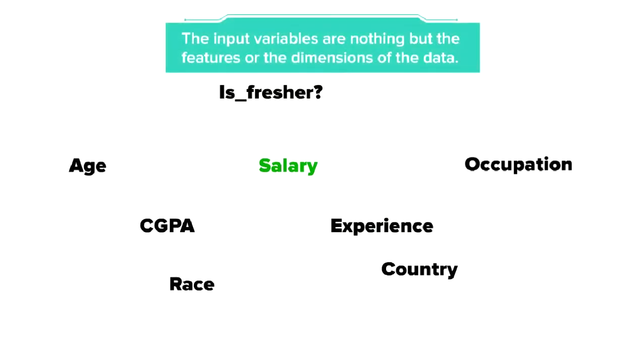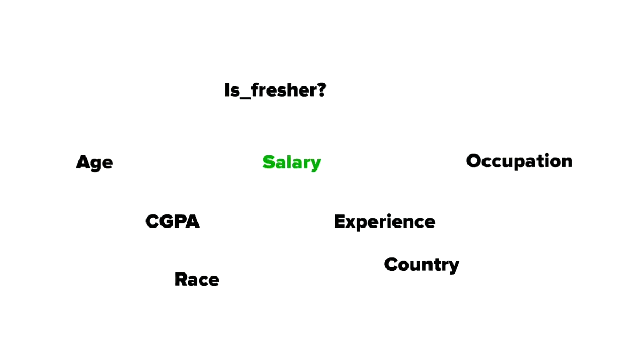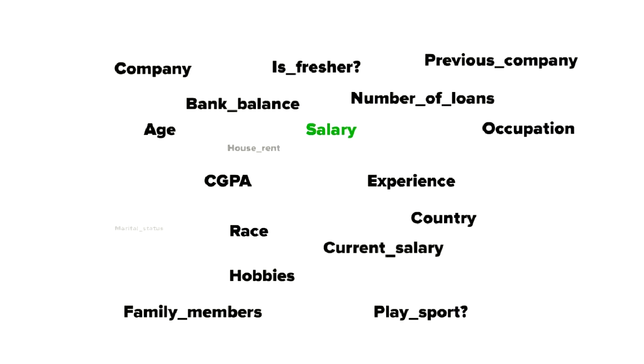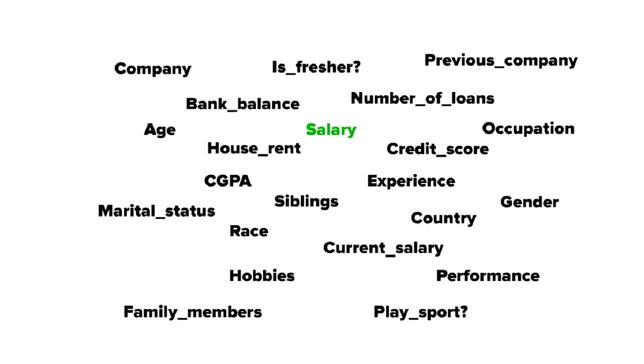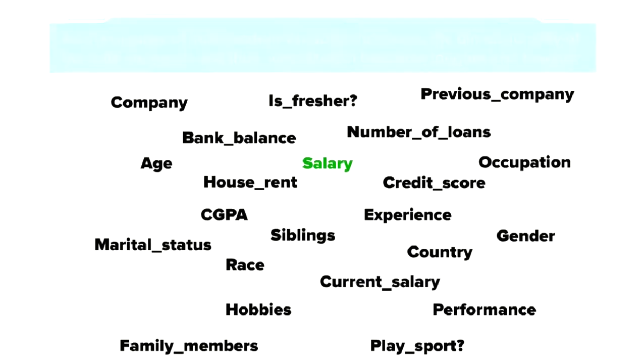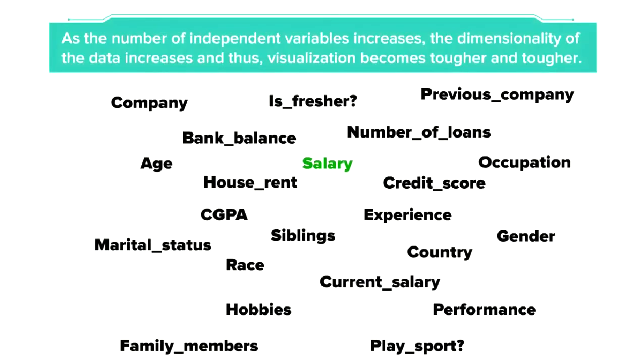These input variables are nothing but the features or the dimensions of the data. Now as the number of independent variables increases, the dimensionality of the data increases. And in real-life business problems, we generally have a very large number of independent variables and hence leading to high-dimensional data. As the number of dimensions increases, visualizing these variables becomes tougher and tougher.